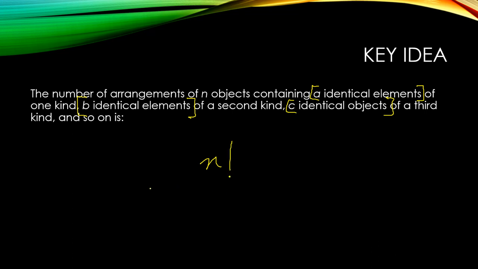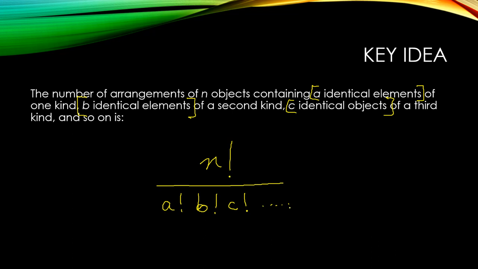But as we've seen, that can give repeats if some of the letters or objects repeat. So you divide by how many times the first object repeats, factorial, times how many times the second object repeats, factorial. And if there's a third group of objects that are the same, times that factorial. And then just do that as much as you need to for as many repeating elements.